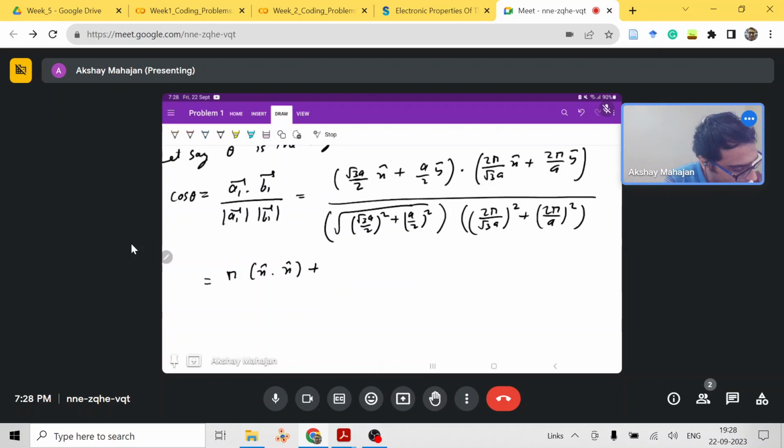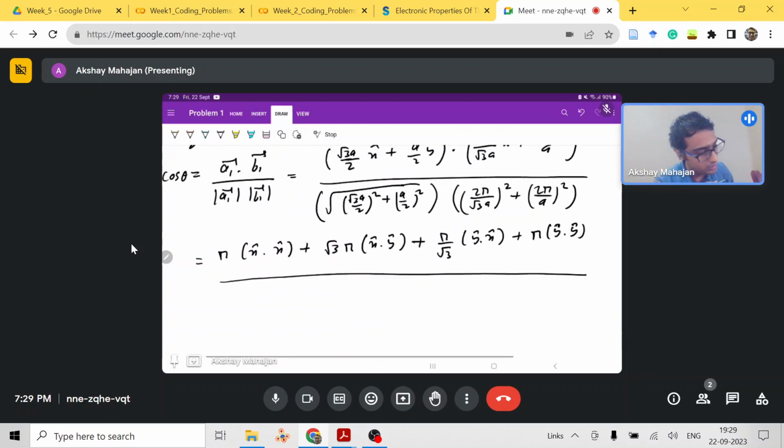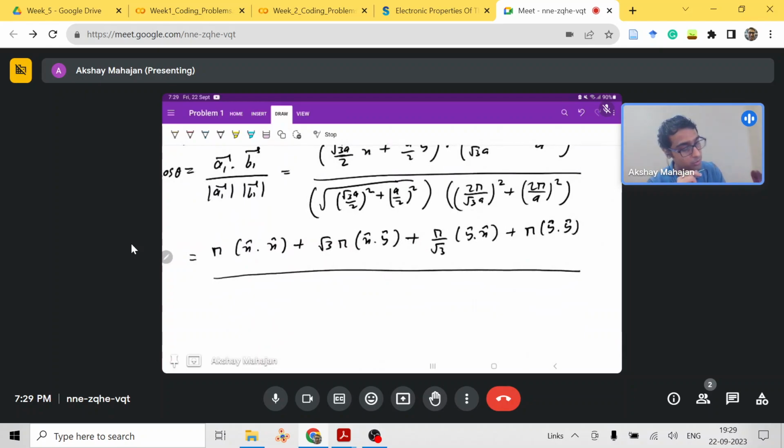If I do x cap dot y cap, it will be root 3 pi times x cap dot y cap, and the y cap dot x cap term, that will be a by 2, can cancel, pi by root 3 y cap dot x cap, plus you cancel out to get just pi y cap dot y cap. Alright, divided by this value, it will be 3a square by 4 plus a square by 4.